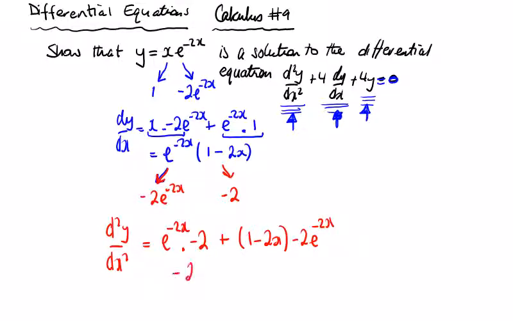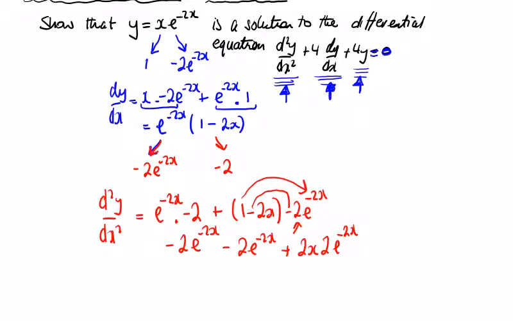Simplifying down, we're going to get minus 2e to the power of minus 2x. 1 times this guy is just going to give me this guy. So minus 2e to the power of minus 2x. And then we're going to have a minus by a minus, which is a plus 2x times 2e to the power of minus 2x. So what do we have? We have minus 2 minus 2, so we have minus 4e to the power of minus 2x plus 4xe to the power of minus 2x.